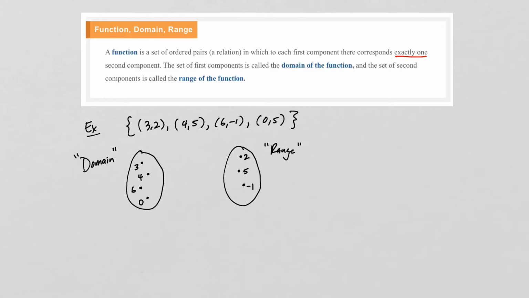So let's take a look at this set of ordered pairs, and let's draw a function map. So 3 gets mapped to 2, 4 goes to 5, -6 goes to -1, and 0 goes to 5.